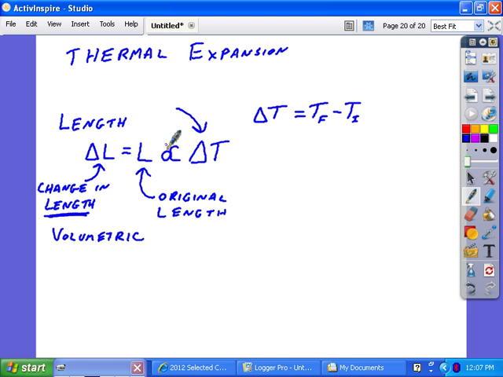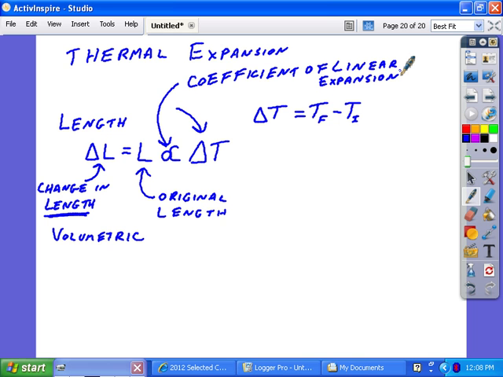Now this little guy right here, alpha, is the only thing that is really new and might be confusing. This is what is called the coefficient of linear expansion. Now the coefficient of linear expansion is literally just a coefficient.